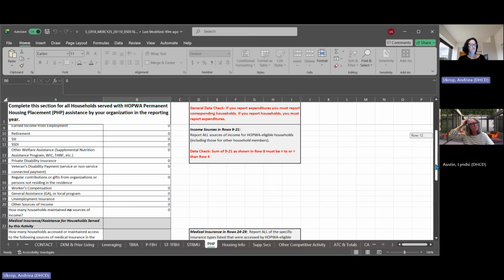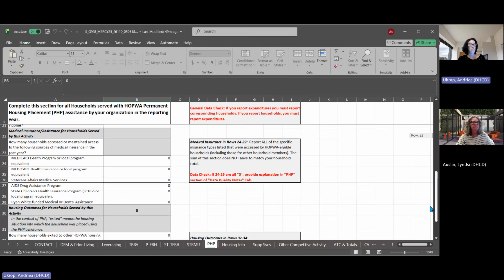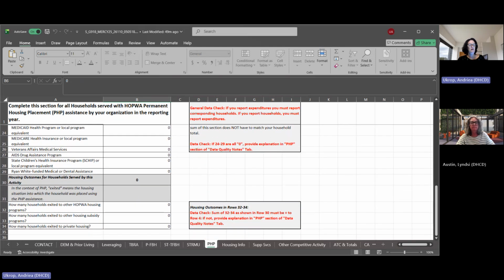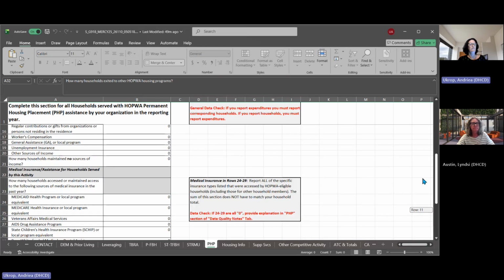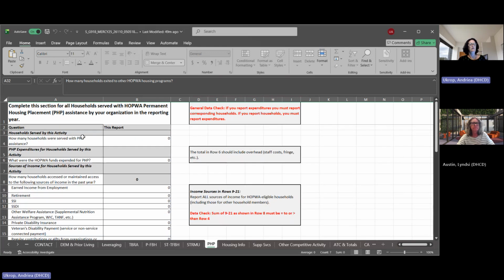And now we are going to look at rows 32 through 34 here. And these are mutually exclusive and must equal the total number of eligible households served by this assistance back up in row 4 here. So how many households were served with the permanent housing placement assistance?